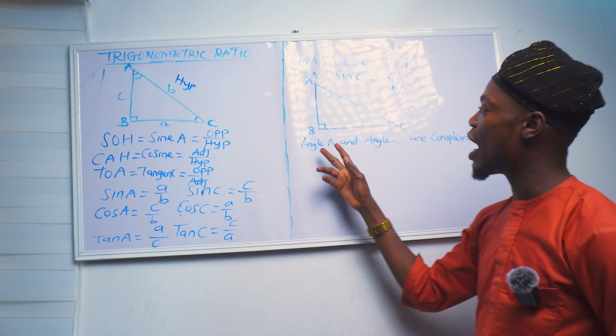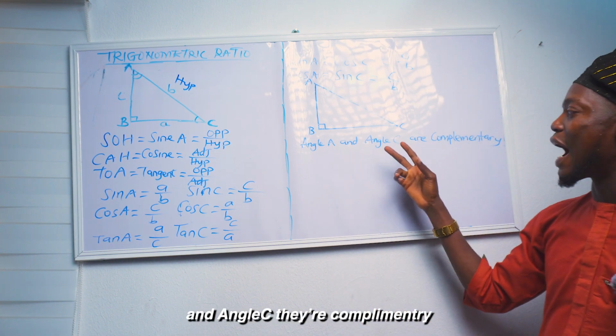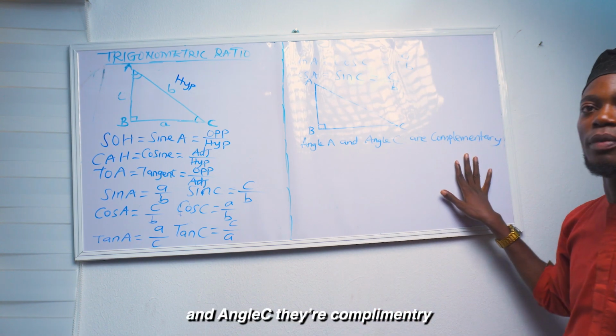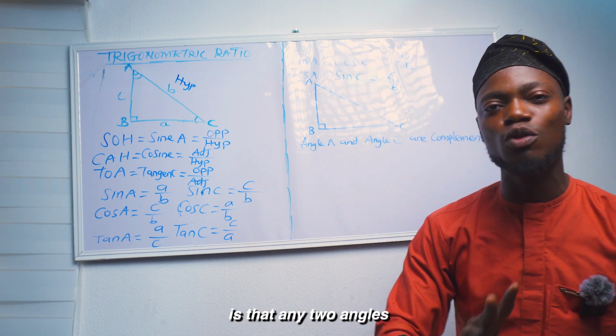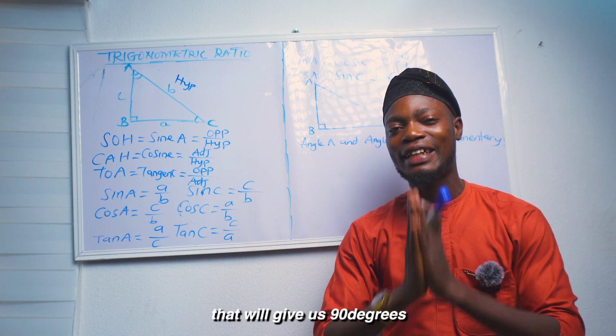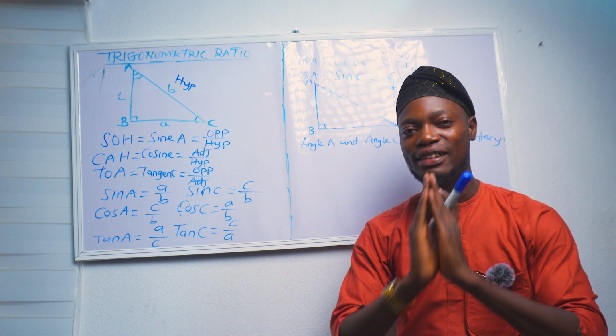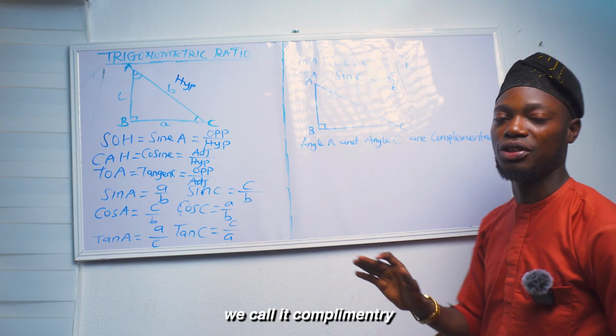The sum of angle A and angle C, they are complementary. When we say complementary angles, what we are talking about is any two angles that you add together that give us 90 degrees. We call it complementary angles.